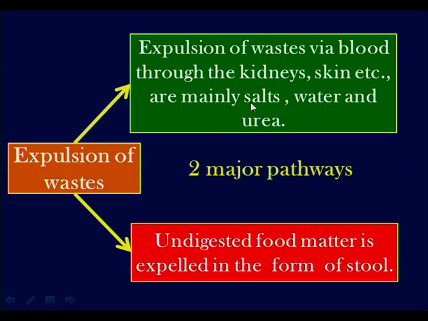So this is nothing but the urinary system or the excretory system, where kidneys play an important role in the elimination of these substances in the form of urine. The undigested and unabsorbed food materials are converted into fecal matter and expelled to the outside in the form of stool through the anus.